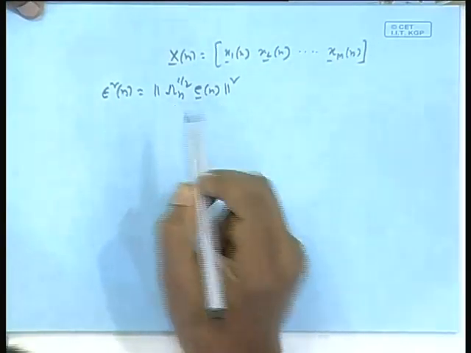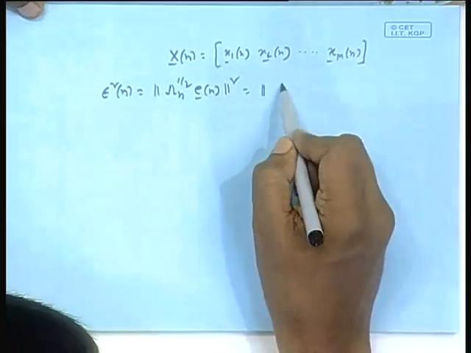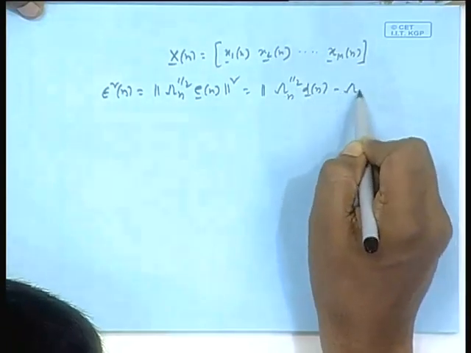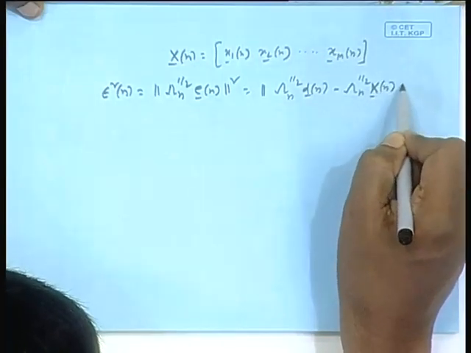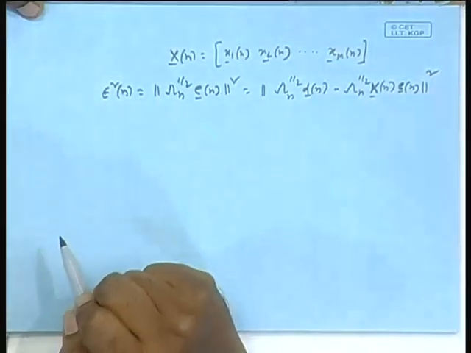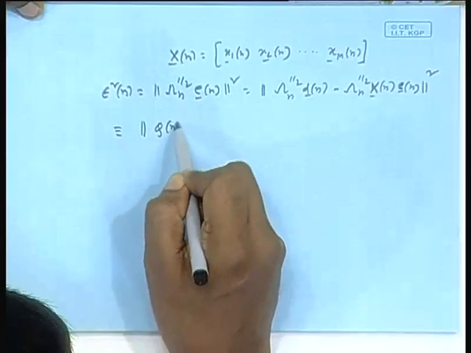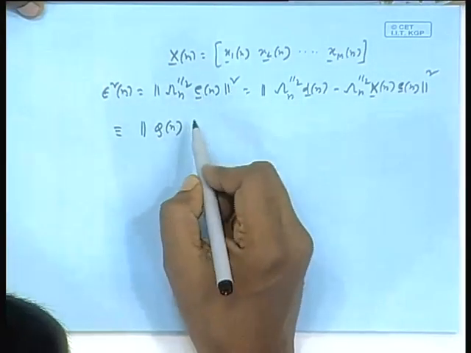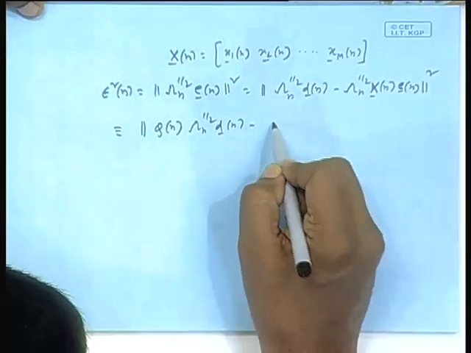Lambda has been pulled in here. This we are minimizing, and this was giving rise to E n, so it was giving rise to d n minus x n c n norm square, which is also equivalent to, if you take an appropriate unitary matrix Q n, a square matrix, this is same as, this is what we did last time.